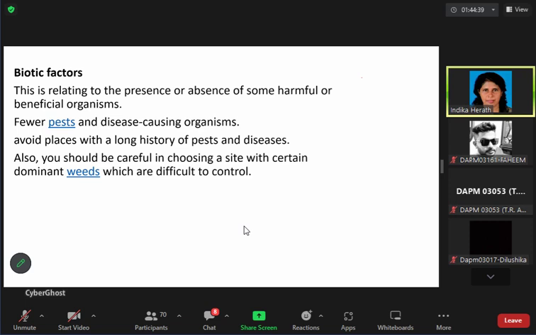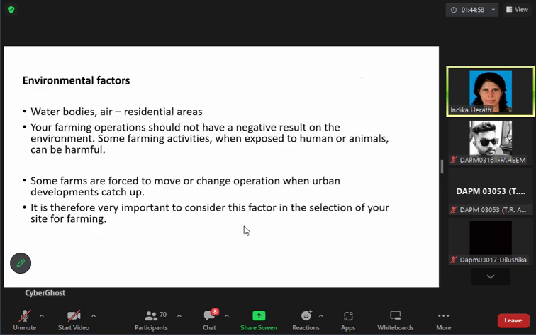And also dominant weed aspects. Those things are also considered as the basic biotic factors that affect agriculture if they are doing any investment, right?